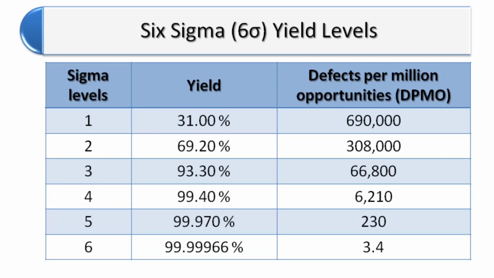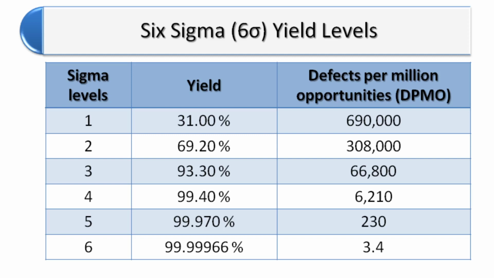So what is Sigma level 2? You will get 69.20% products that are defect free, or you can say 308,000 products are with defects. That means 3,08,000. What is Sigma level 3?